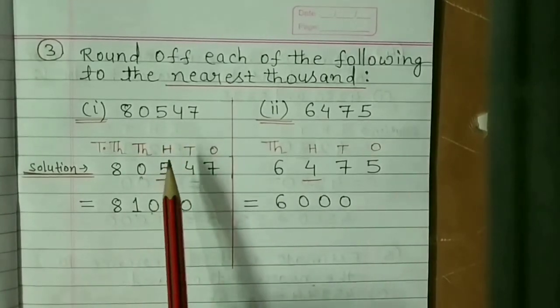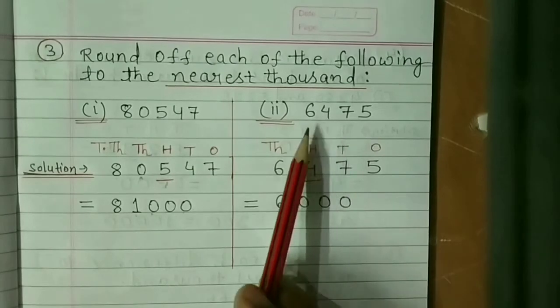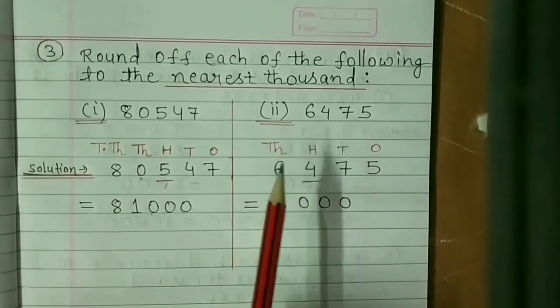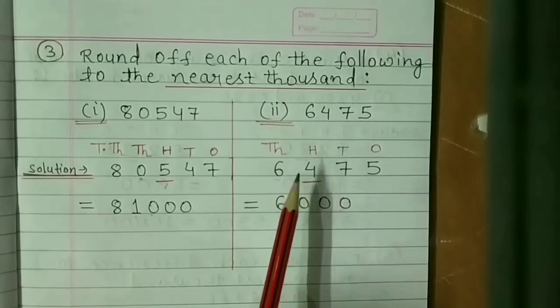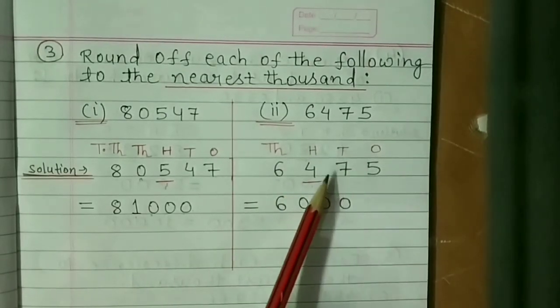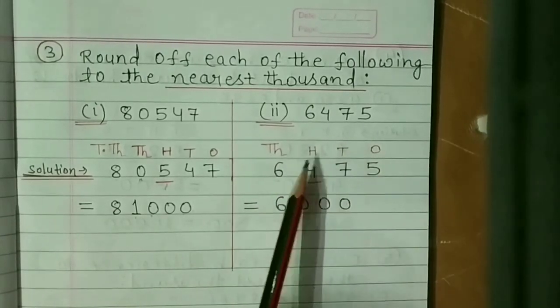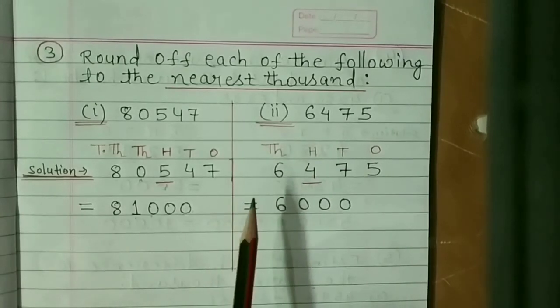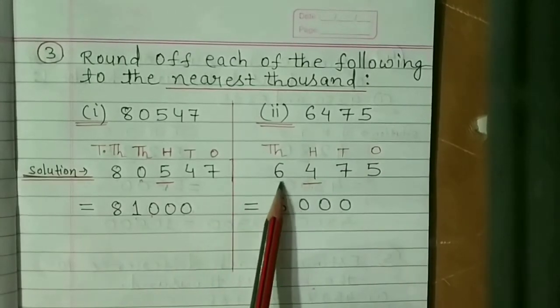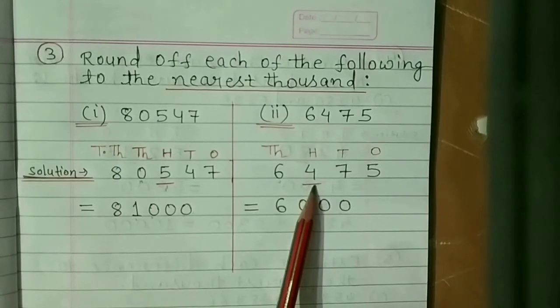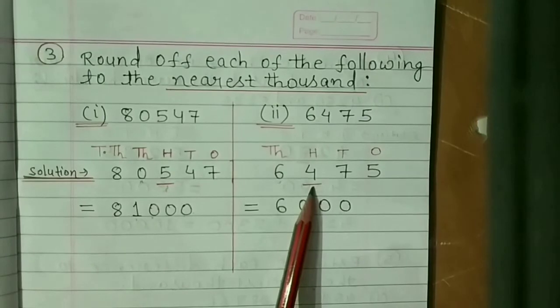Clear? Now the other number, 6,475. Again we assign the place value of each digit, as you can see here: ones, tens, 100, 1000. Again we move to the 1000 place digit, that is 6, and we check the right side of this digit, the digit 4, and it is less than 5.